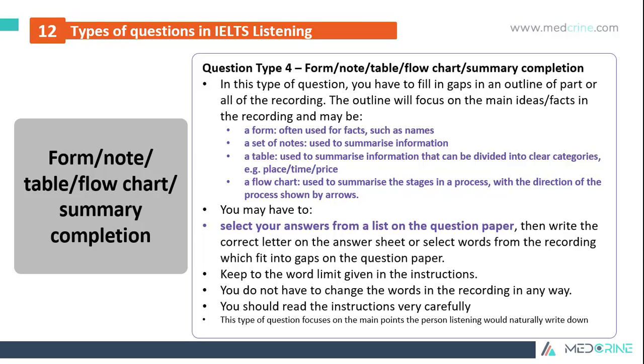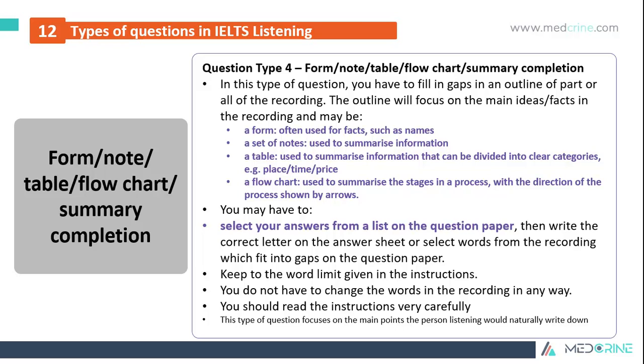The outline will focus on the main ideas or facts in the recording, and it may be either a form used for facts such as names, a set of notes that is used to summarize information, a table used to summarize information that can be divided into clear categories, for example places, times, prices and all such, or a flowchart.